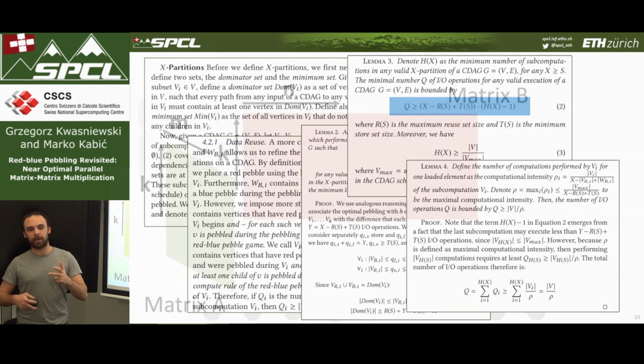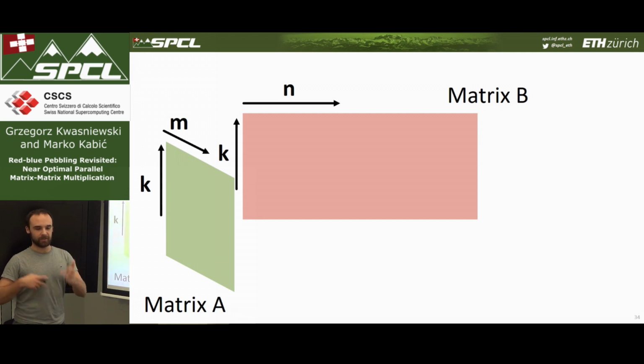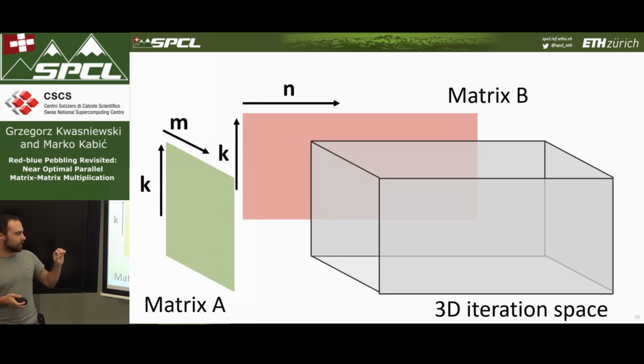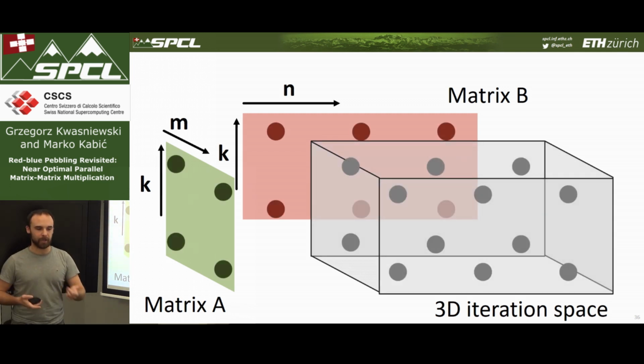So we need to start by finding the matrix multiplication CDAG. It is often interpreted as this 3D iteration space. So for example, multiplying matrices 2 by 2 times 2 by 3, we need to perform 12 multiplications.